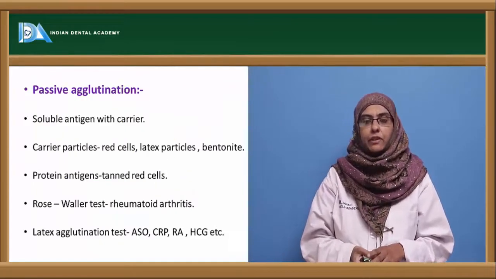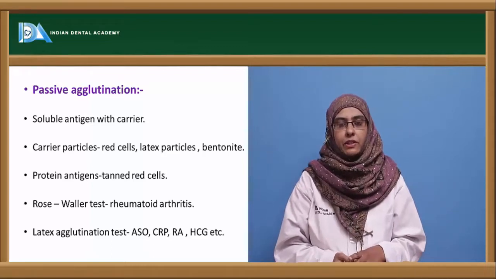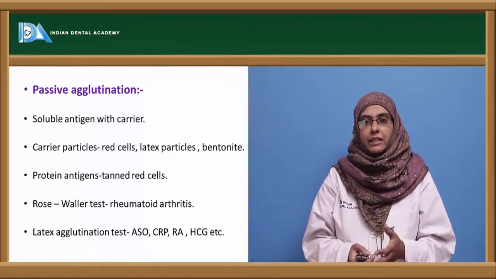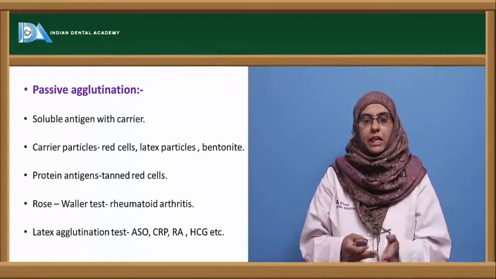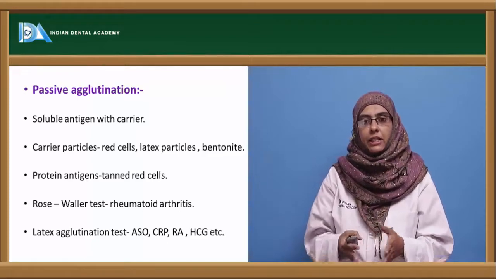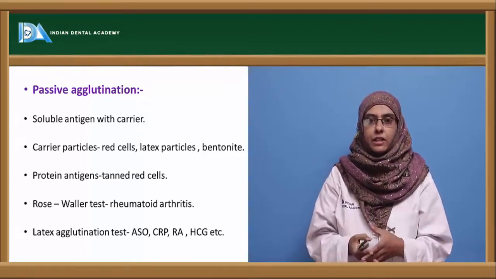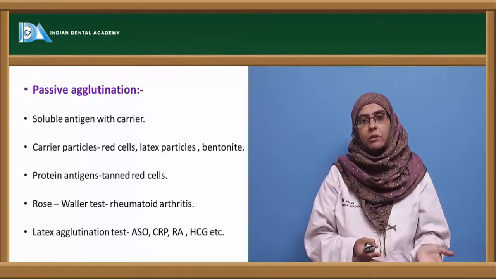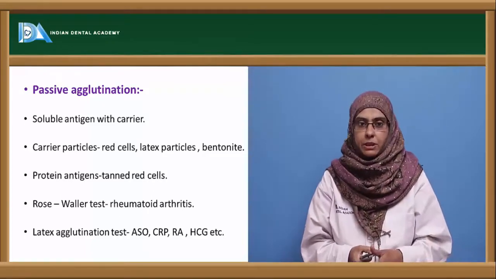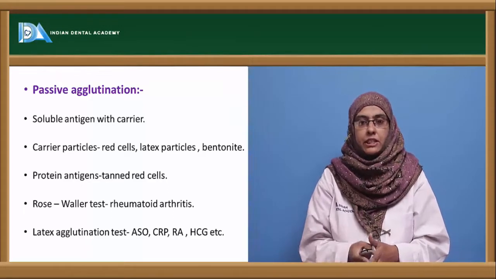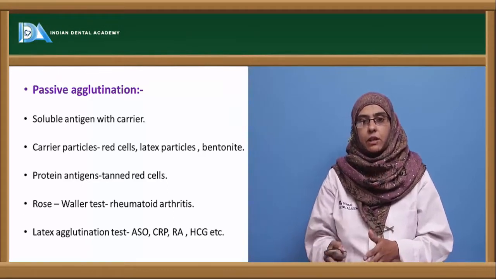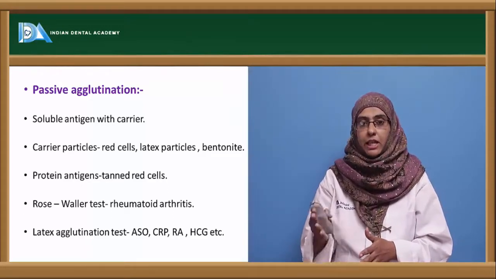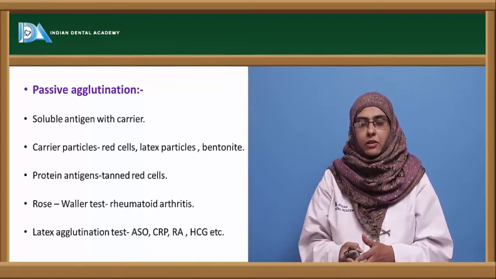Next is the passive agglutination test. Here the passive agglutination test indicates that in both the precipitation reaction and the agglutination reaction, antigen and antibody are essential. But in the precipitation reaction, soluble antigen takes part, whereas in the agglutination reaction, it is the insoluble or particulate antigen that takes part.